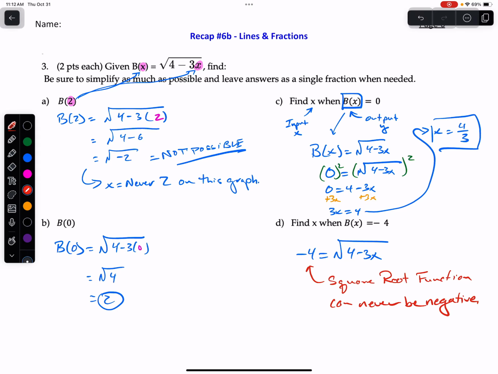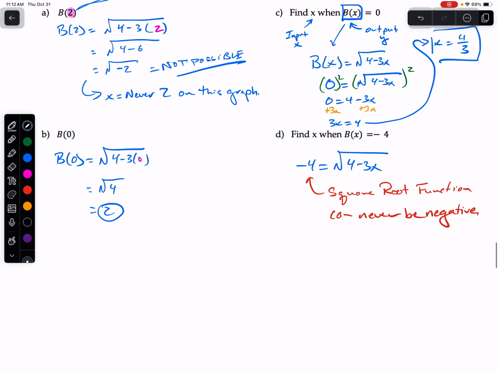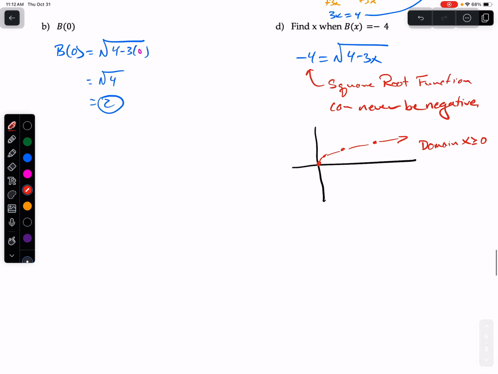If you remember your square root function graph, it looks kind of like that, always positive. It has a domain of x greater than or equal to 0. Okay, on we go.